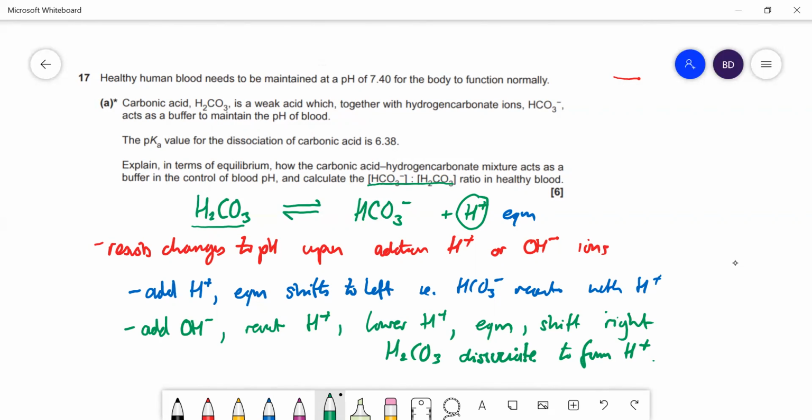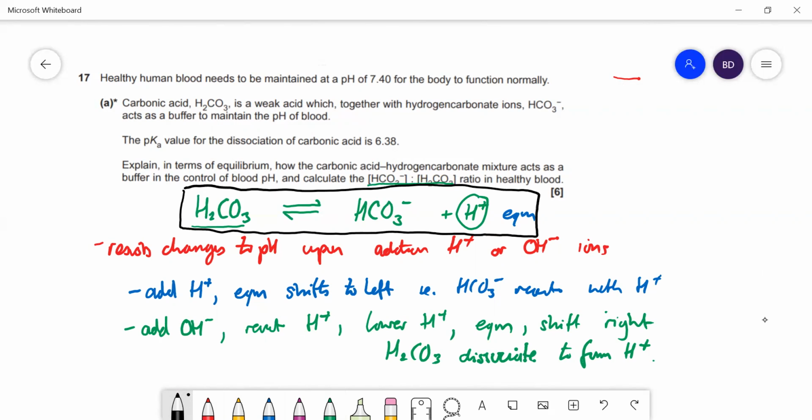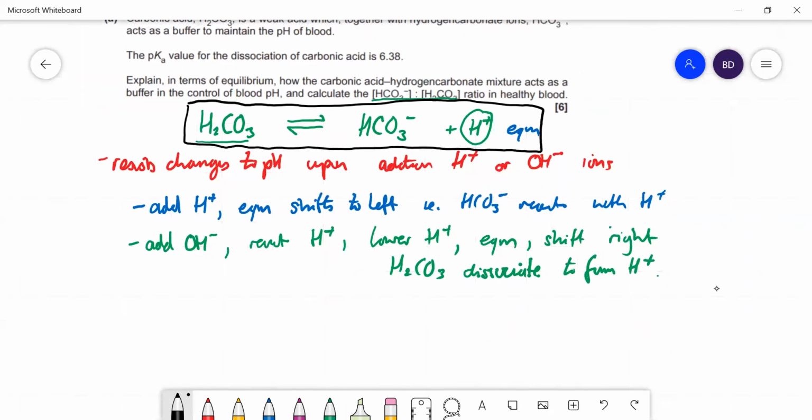Let's do the calculation part now. We need to think about this equilibrium here, and we need to write down the Ka expression for that. Ka is equal to H plus concentration multiplied by the hydrogen carbonate concentration divided by the concentration of H2CO3.